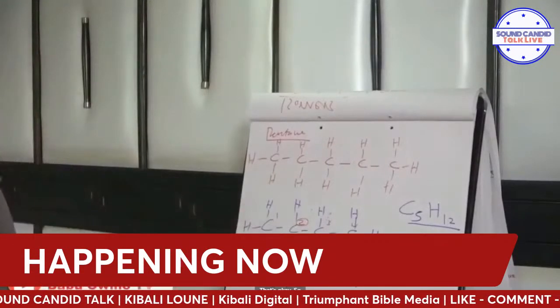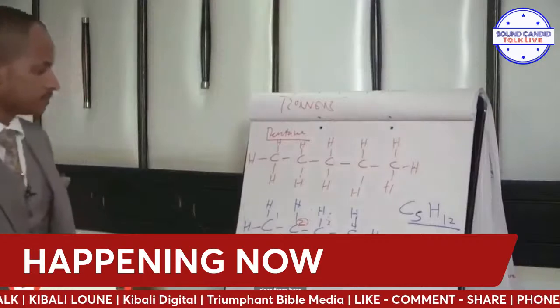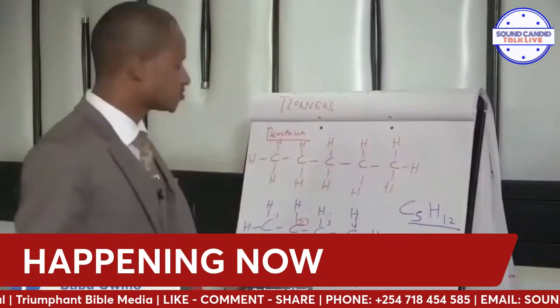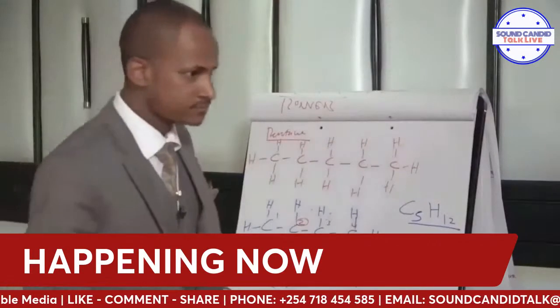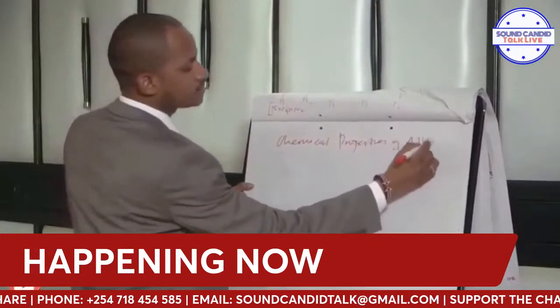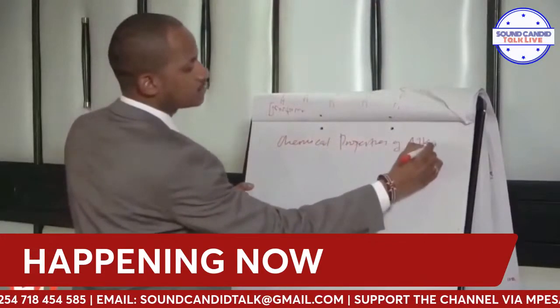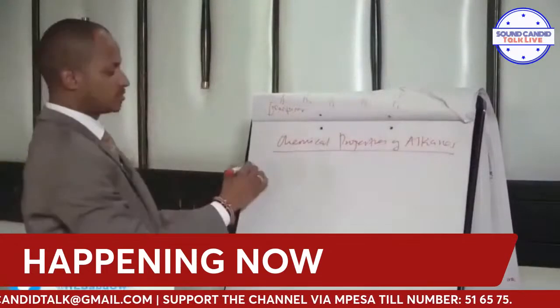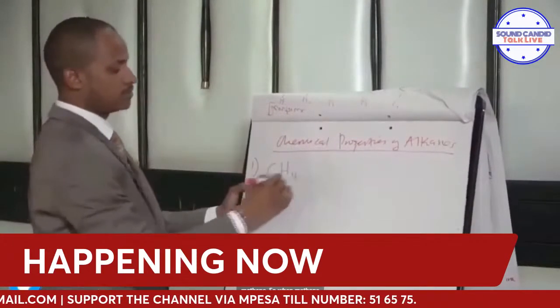That's okay. So class, from here, the isomers of hexane, then properties of alkanes. Number 1, we will use methane.